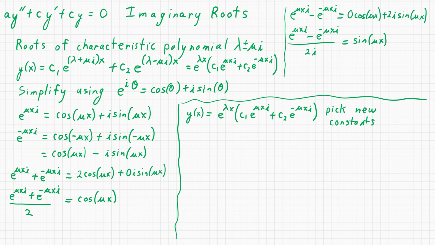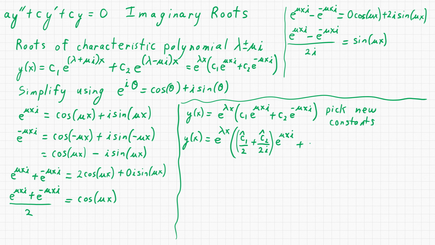Right, this is a very convenient thing to do, right? c1 and c2, that's nice. Well, what if we wrote it in a really weird way? So you could also write this as y of x equals e to the lambda x times c1 hat over 2 plus c2 hat over 2i, all times e to the mu xi.